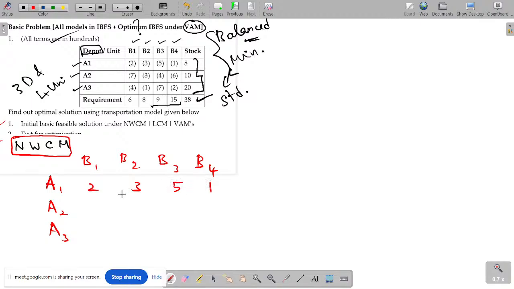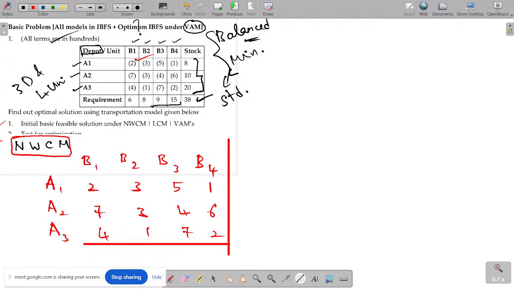When I write 2, 3, 5, 1, here it is given in brackets, which means negative value. Cost means negative only, no? That's why it's understood as negative. Here it's 7, 3, 4, 6, and for A3 it is 4, 1, 7, and 2. So this is the table given with the values.